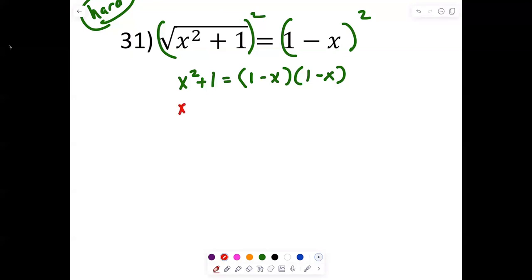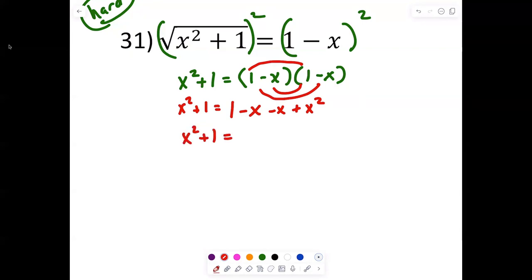So x squared plus 1 equals 1 negative x plus x squared. X squared plus 1 equals 1 minus 2x plus x squared.